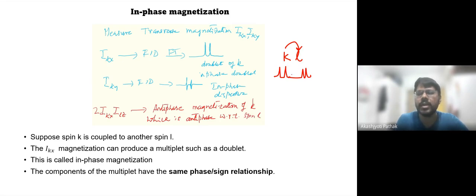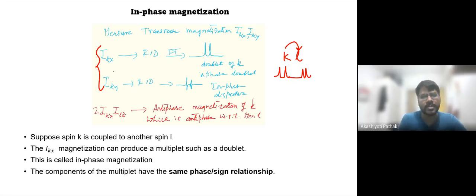So you will get two doublets in your spectra. Depending on where your detector is present, you will get either an in-phase absorptive signal or an in-phase dispersive signal. This is how your IKX and IKY signals look.